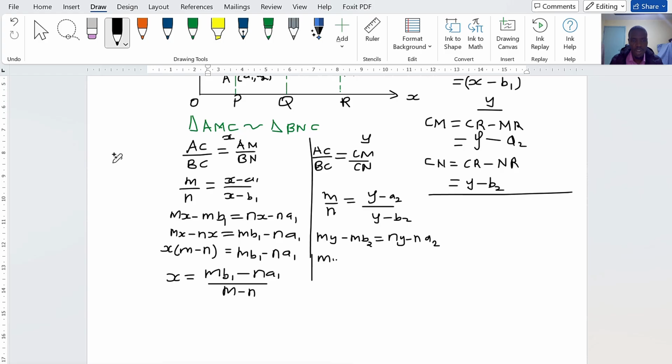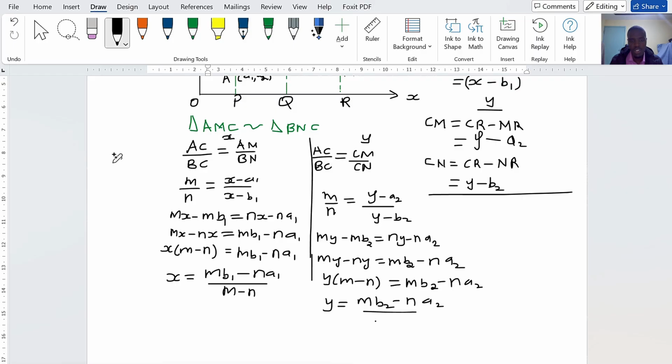Rearrange: MY minus NY equals MB2 minus NA2. Factorize Y into M minus N equals MB2 minus NA2. Now find Y by dividing by M minus N. Y is equal to MB2 minus NA2, all this divided by M minus N.